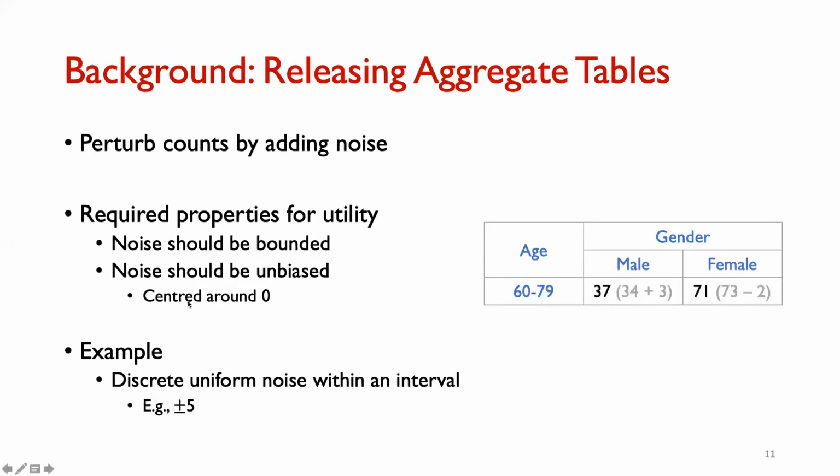And similarly, the noise should be unbiased because if a number of queries are asked, then the accumulated noise would deviate arbitrarily from the true answer. An example of such a noise distribution is a uniform noise distribution within an interval, say plus minus 5.